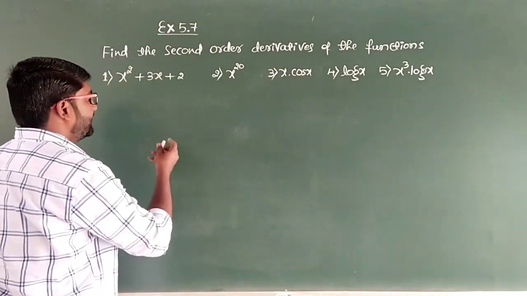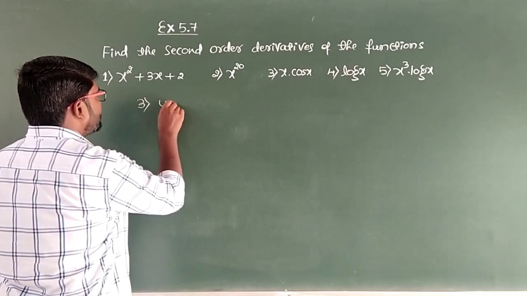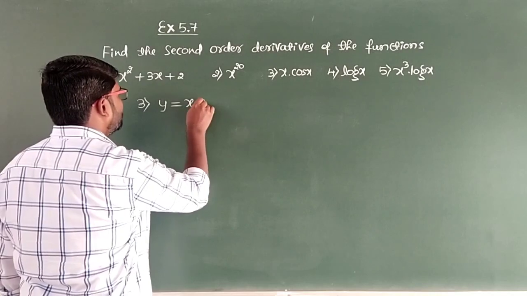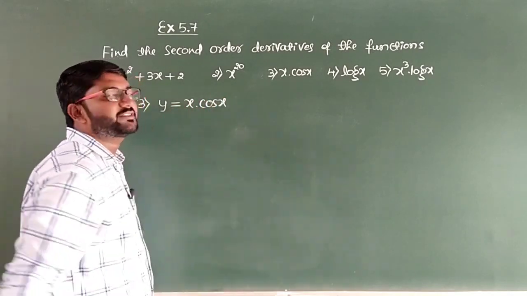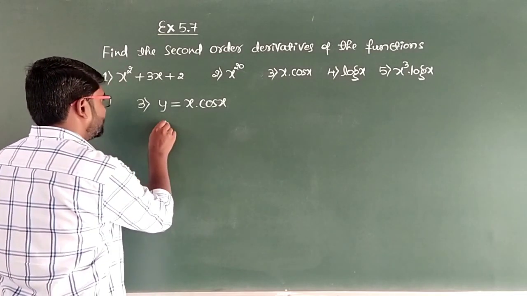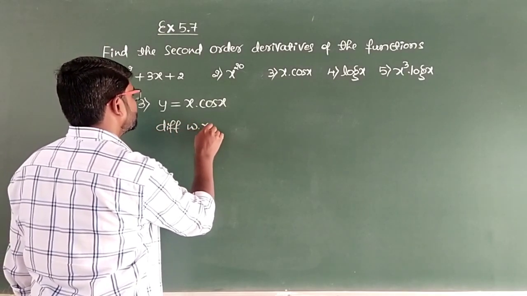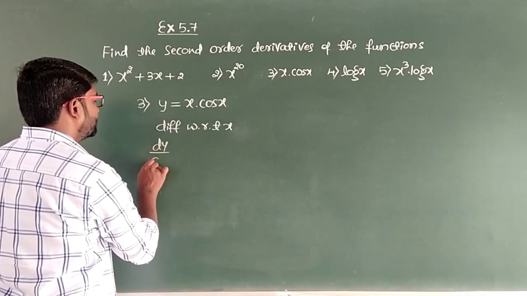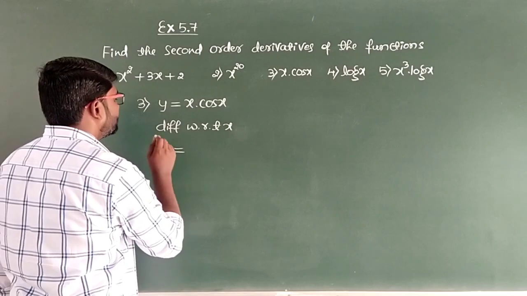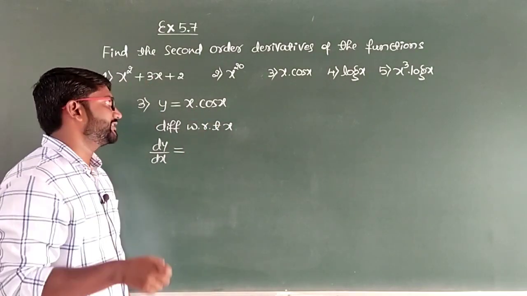Well, question number 3, it is y equal to x into cos x. So differentiate both the sides with respect to x. We get dy by dx which is equal to, here we will have to apply the product rule. It is in the form of u into v the whole dash.